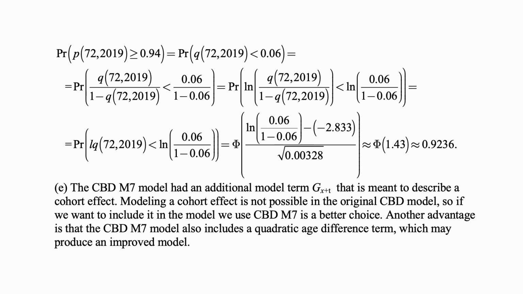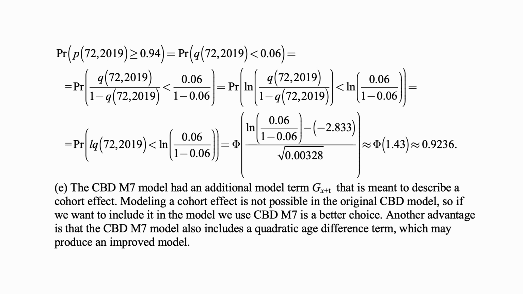That's approximately phi of 1.43. Of course, phi is the cumulative distribution function of the standard normal distribution. And then from the table on the normal calculator given on the test, you have this to be equal to 0.9236.